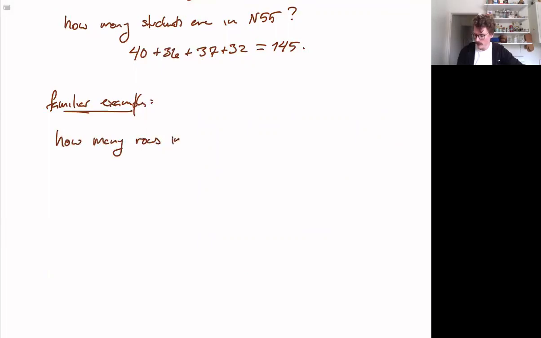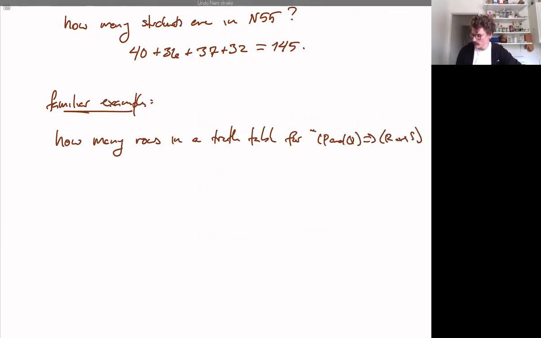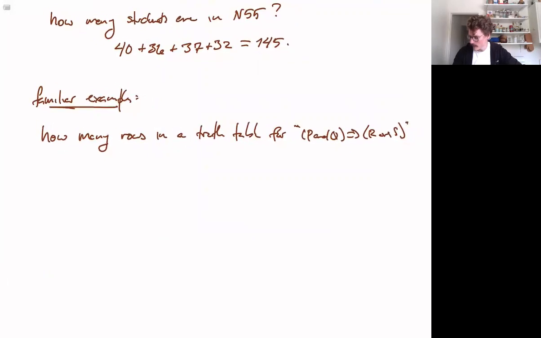How many rows in a truth table for some proposition like P and Q implies R or S?